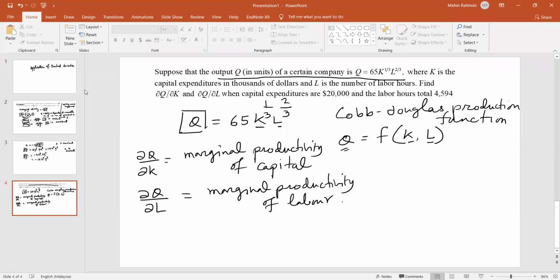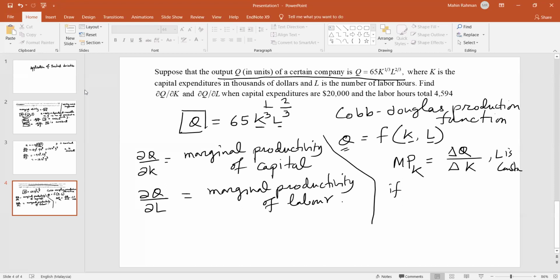Now you see that here, what do you mean by marginal productivity of capital? Actually, we write it this way, marginal productivity of capital, MPK. It is actually change in total production divided by change in capital. But L is constant. What does this mean?